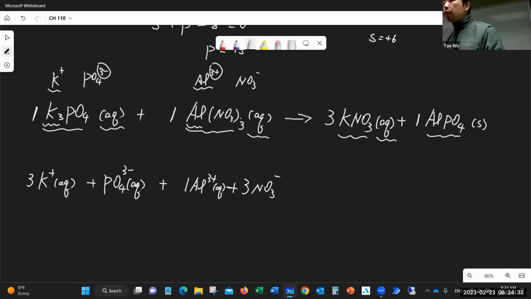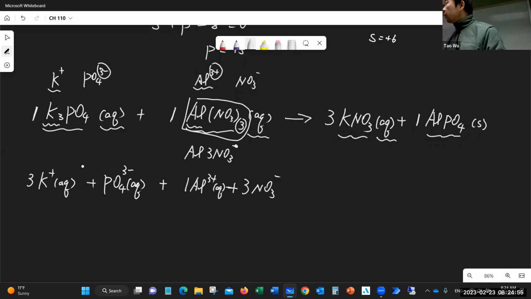The reason we put a 3 over here is because that's the formula, right? This is one aluminum nitrate formula. You cannot write it like aluminum 3 nitrate, right? We're not writing like this. So the 3 as a subscript for the 3 nitrates, we write like this.